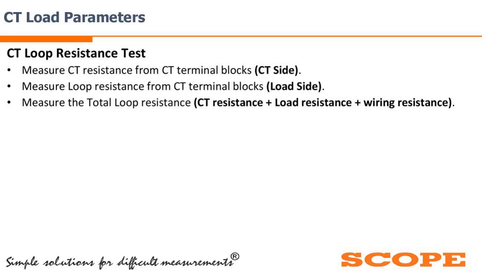Firstly, we need to measure the burden or resistance on the CT side, that is, measure CT resistance from the CT terminal blocks. Then measure loop resistance from the CT terminal blocks, that is from the load side of the current transformer. After that, total loop resistance is equal to the summation of CT resistance plus load resistance and wiring resistance.